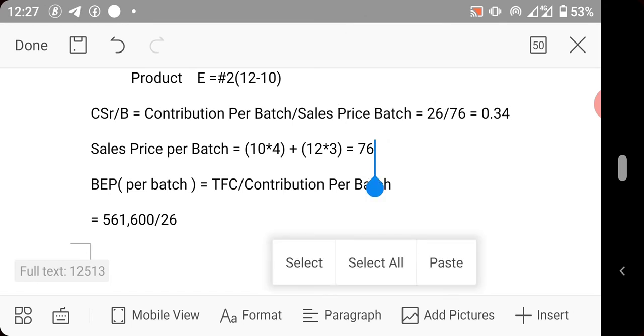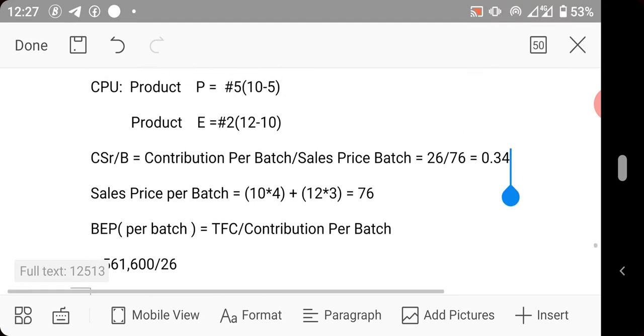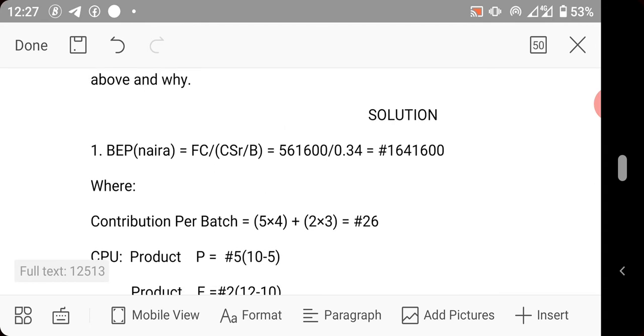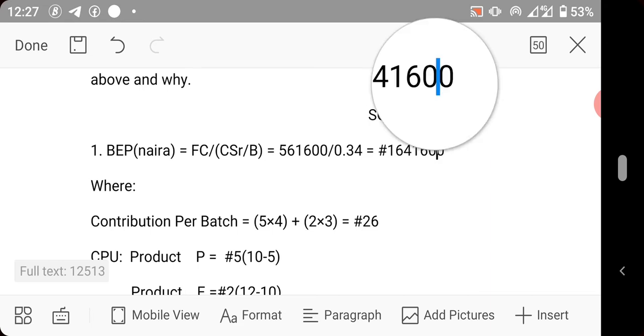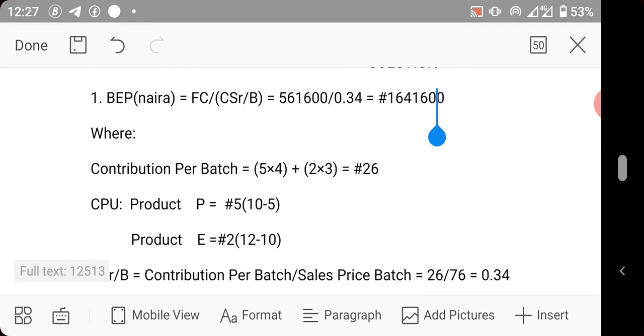With this sales price per batch, you divide the contribution per batch by the sales price per batch. That gives the contribution sales ratio per batch. So you now get your answer, which is this divided by this: 1,641,600 naira. Does that make sense to you?